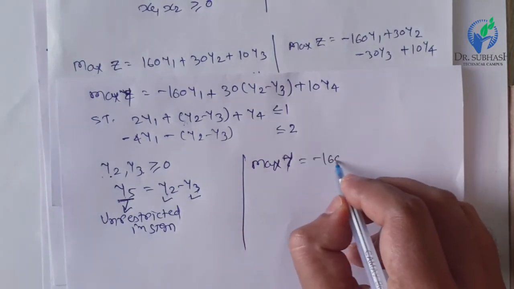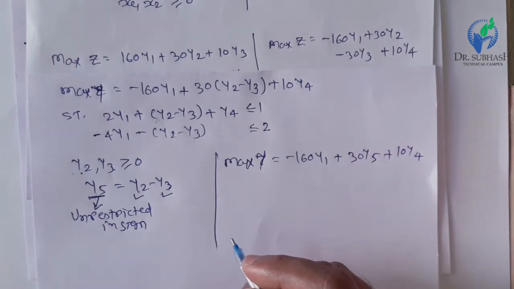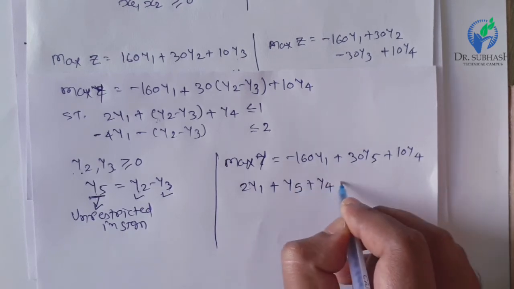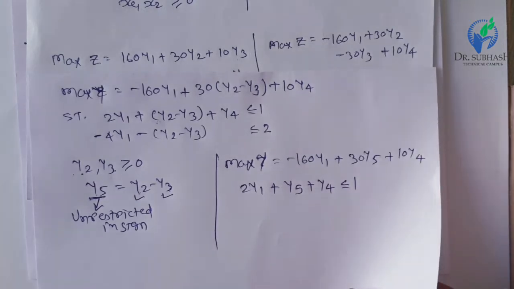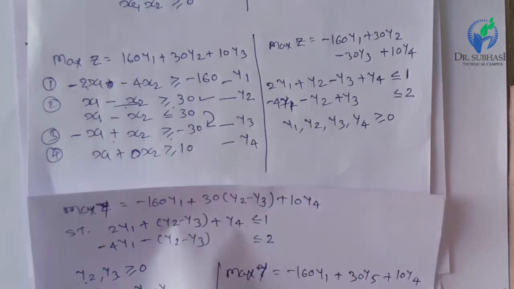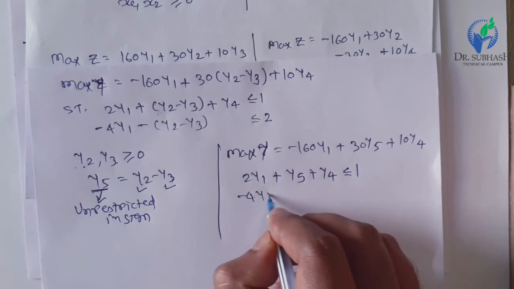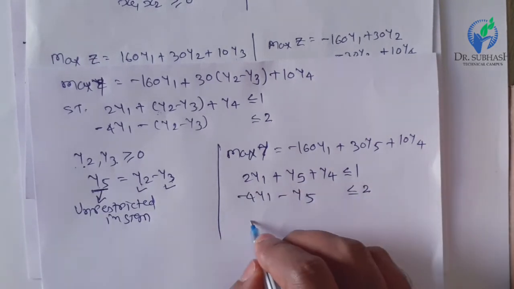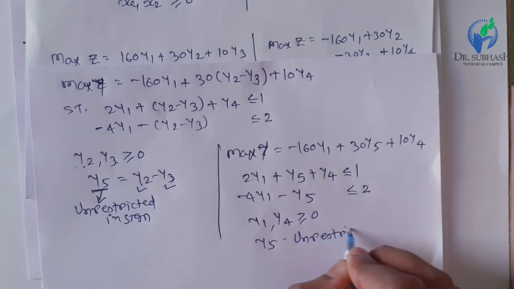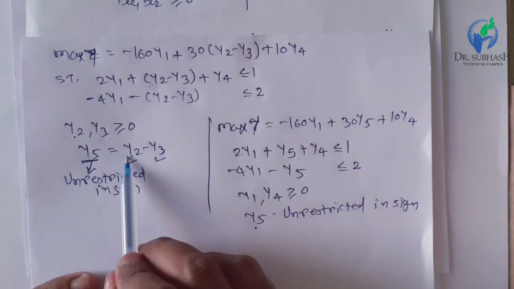Maximize y equal to minus 160 y1 plus 30 y5 plus 10 y4, subject to the constraints 2y1 plus y5 plus y4 less than or equal to 1, and the second constraint is minus 4y1 minus y5 less than or equal to 2, where y1 and y4 are greater than or equal to 0 and y5 is unrestricted in sign, because the value of y5 can be anything as per the values of y2 and y3.